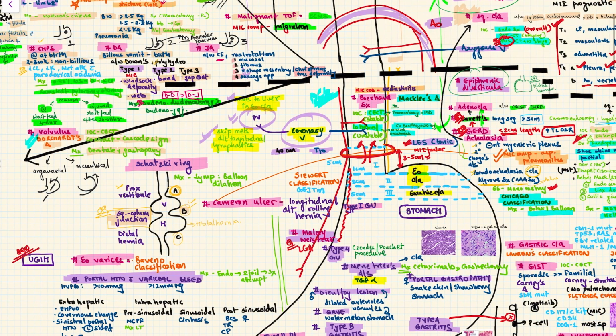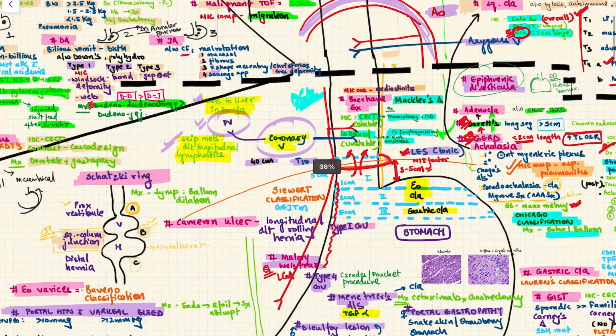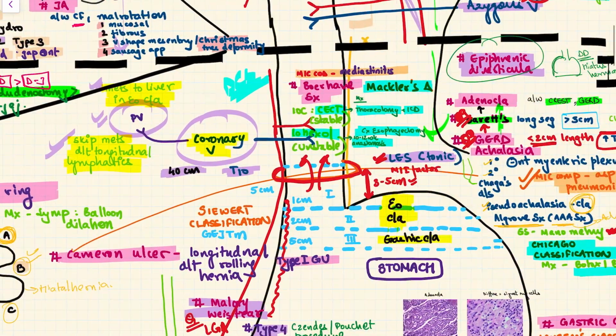The next thing before moving on to the stomach would be just to know the Siewert classification, which is done for gastroesophageal cancer, GE junction tumors. So here, 1 centimeter proximal to 5 centimeter proximal to the GE junction is zone 1.